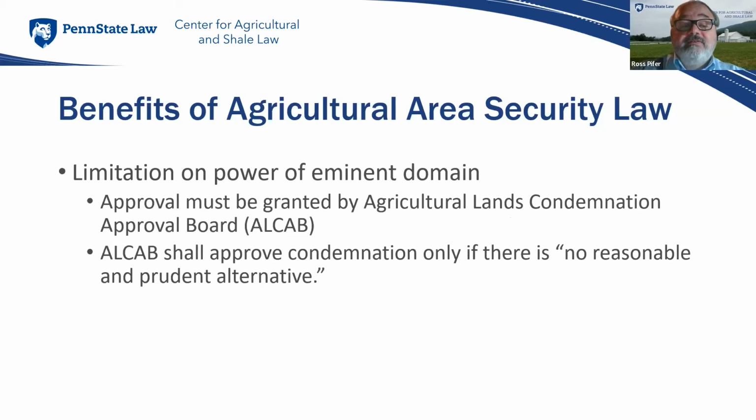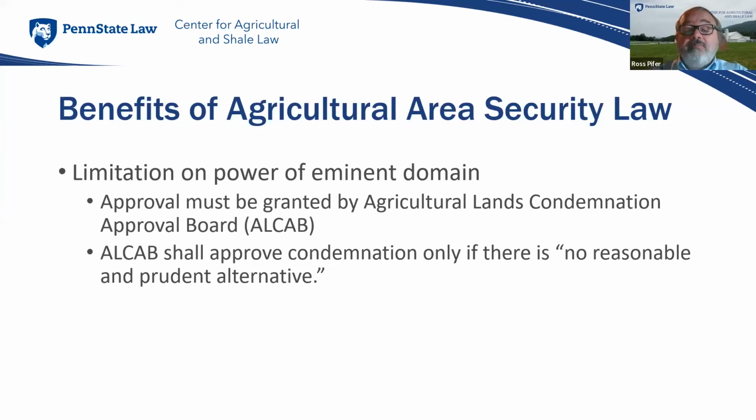The second benefit is a limitation on the power of eminent domain. Again, this is not a complete prohibition on the use of eminent domain, but it provides essentially an extra hurdle. If land is in an ag security area and the government entity is going to use eminent domain, they have to go through an extra process, through what's called ALCAB, the Agricultural Lands Condemnation Approval Board.